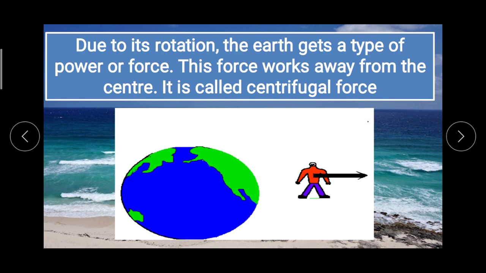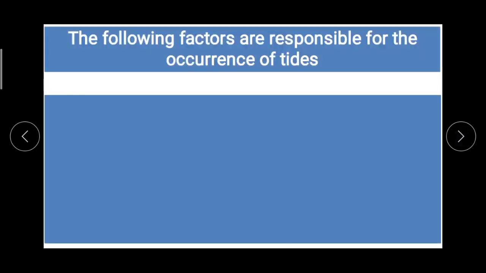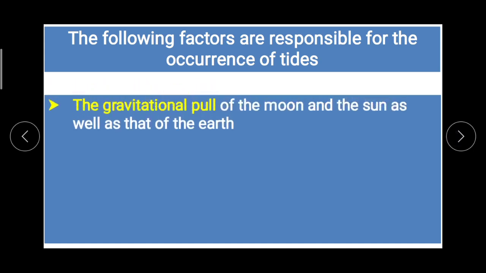Hence, any object on the surface of earth remains at the place where it exists. It is because of gravitational force.